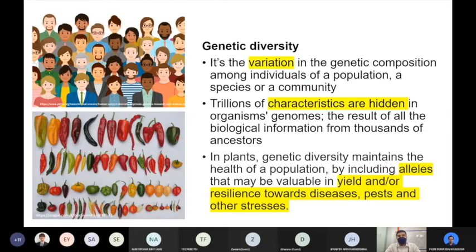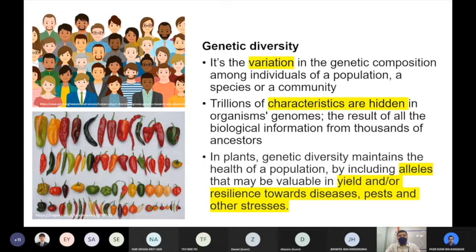Genetic diversity is the variation in the genetic composition among individuals of a population, species, or community. This is true in humans, plants, and other organisms as well. Within these variations, there are hidden characteristics that are a result of all the biological information from thousands of ancestors before us.